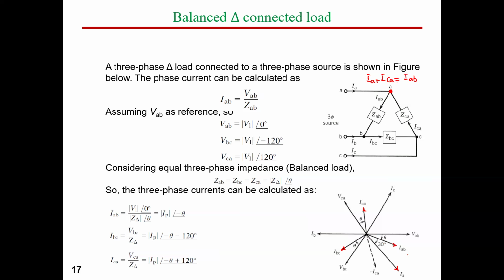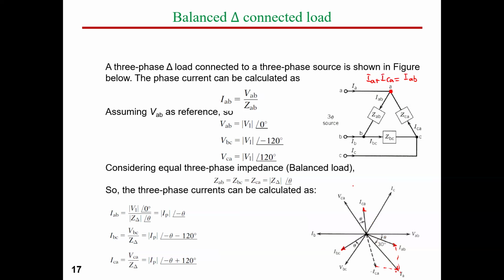So this is IAB, this is ICA, so minus ICA is here. So the resultant vector is going to be this vector. So this is IA. So if you have phase current and you would get the line current, you can say I line equals √3 times I phase, and the angle would be shifted by minus 30 degrees.